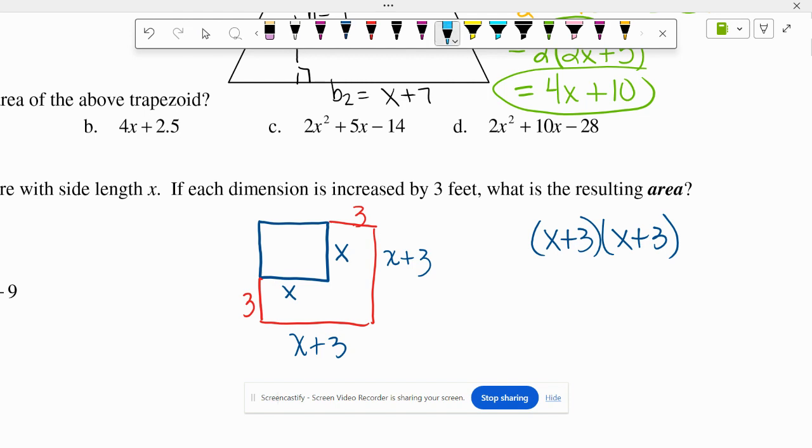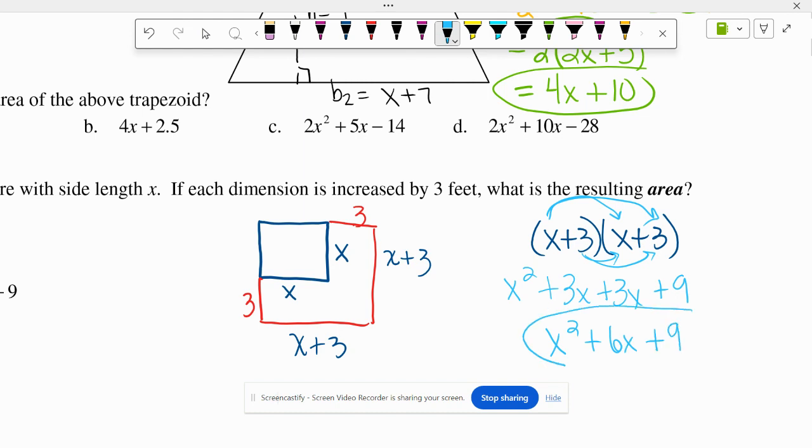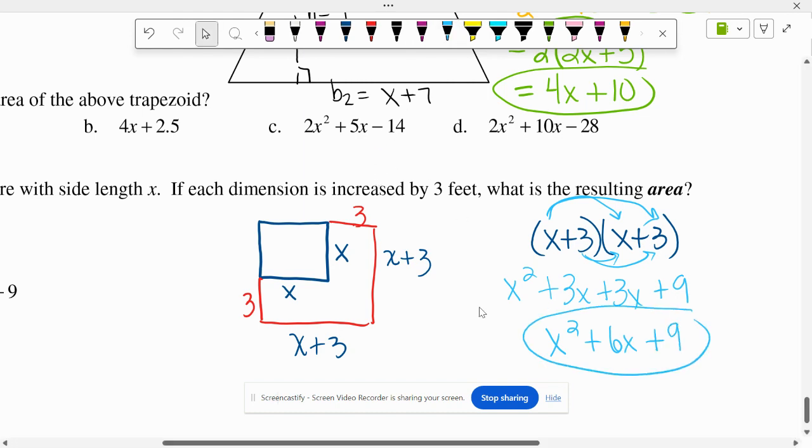Okay, go ahead. Arrows or box? Okay. x times x, x times 3, 3 times x, and 3 times 3. Final answer. Perfect. Awesome, awesome.